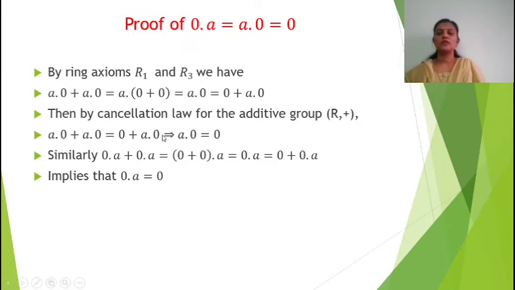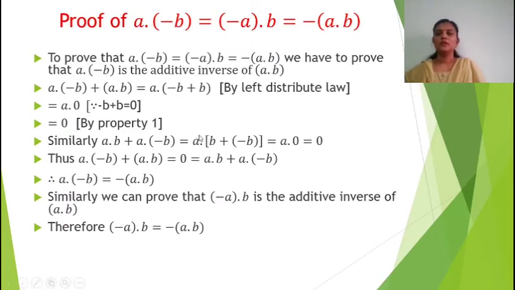Therefore we can use the cancellation law for the additive group (R, +), and this becomes a·0 = 0. Similarly, 0·a + 0·a = (0 + 0)·a = 0·a = 0 + 0·a, which implies, using the cancellation law, that 0·a = 0.